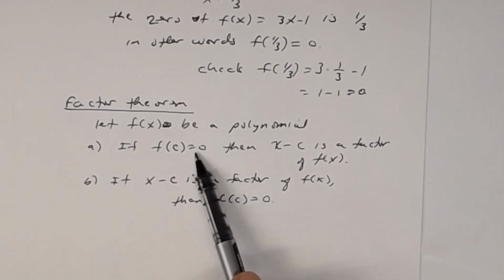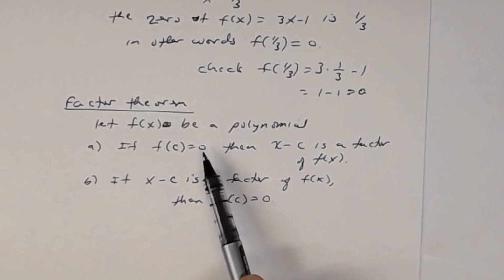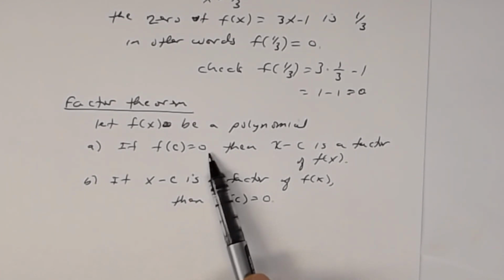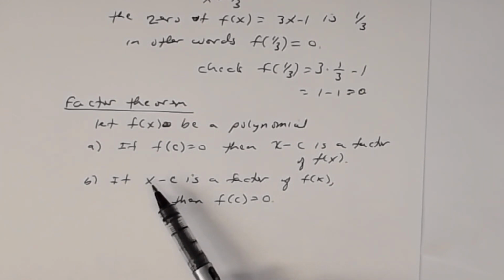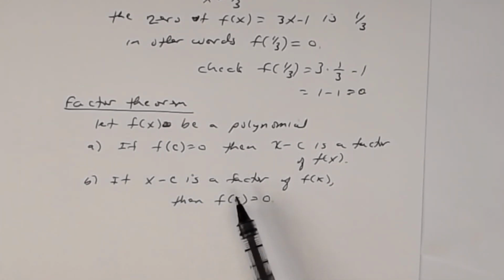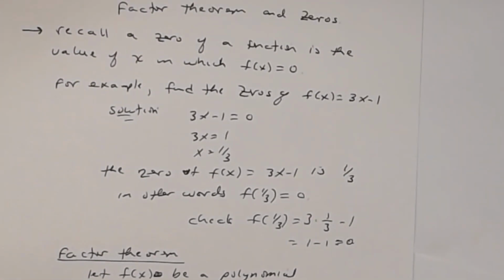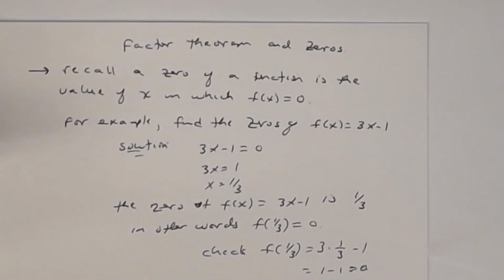If we got the remainder to be 0, then x minus c is a factor. And we also know that if you're told x minus c is a factor, then your remainder better be 0. f of c must be 0.